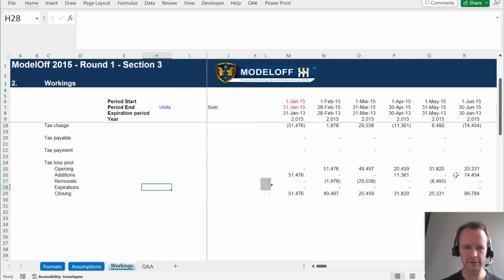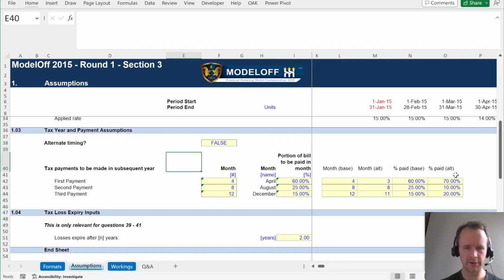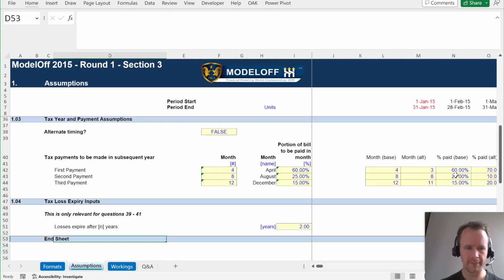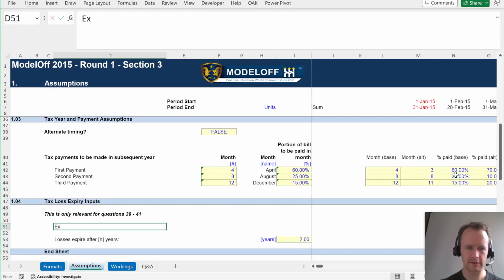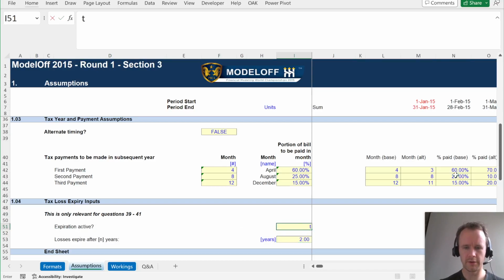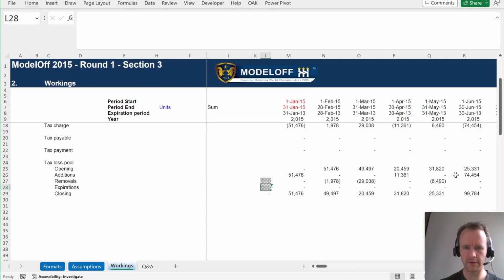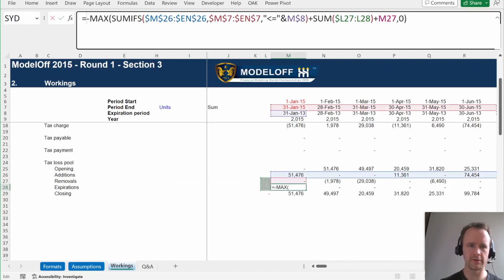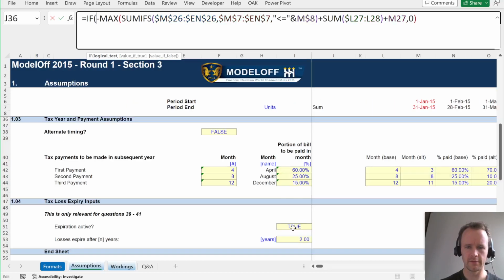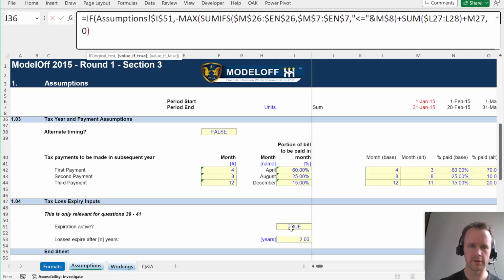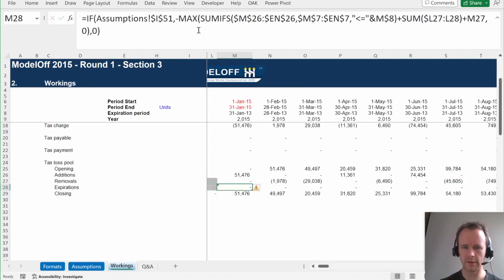I guess I should have an assumption here for expirations, expiration active, which will be true for right now, and then we'll just make this whole formula be if that, and this otherwise 0, so that I can recover my old answers later.